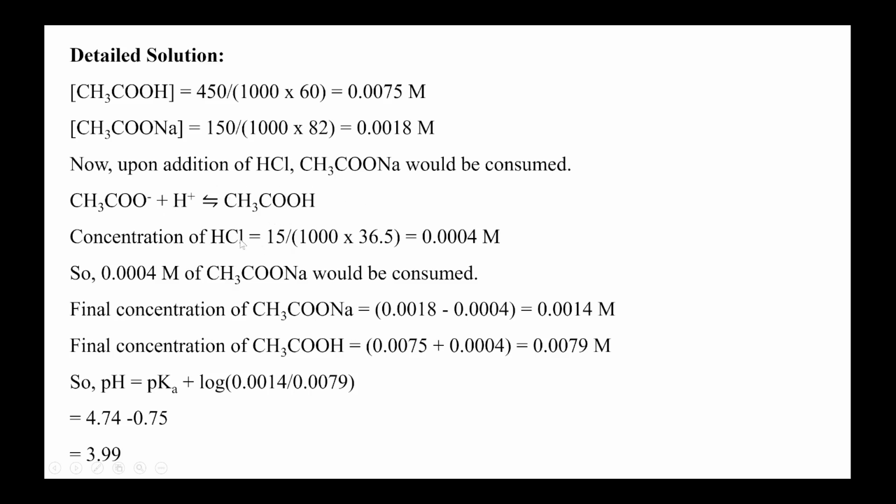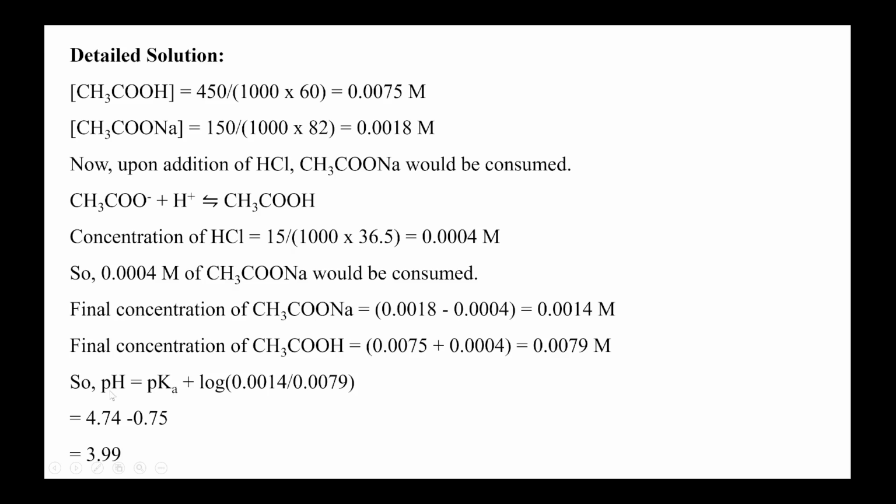Now the HCl concentration that is being added is 0.0004 molar, or 0.4 millimolar. If you subtract the HCl concentration from sodium acetate, that is 0.0018 minus 0.0004, you will get the final salt concentration, and if you add the HCl concentration to the acetic acid, you will get the final acid concentration.